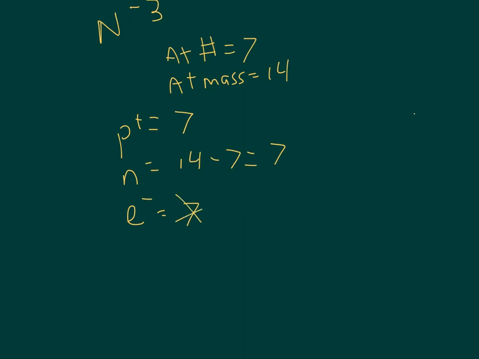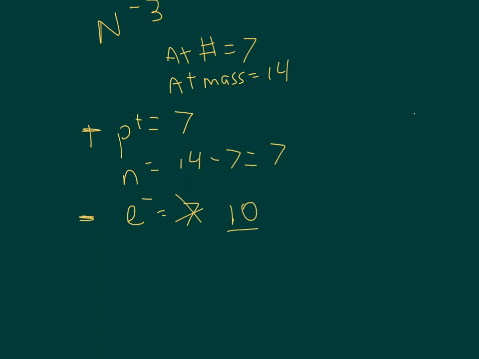But we don't have that here because we want to end up with a net -3 charge. Since the electrons give the negative, the protons give the positive, we can't change the protons. In order to end up with a net -3 charge, I think you probably figure out we would need 10 electrons. 10 electrons with 7 protons gives a net -3 charge because of those 3 extra negative electrons.